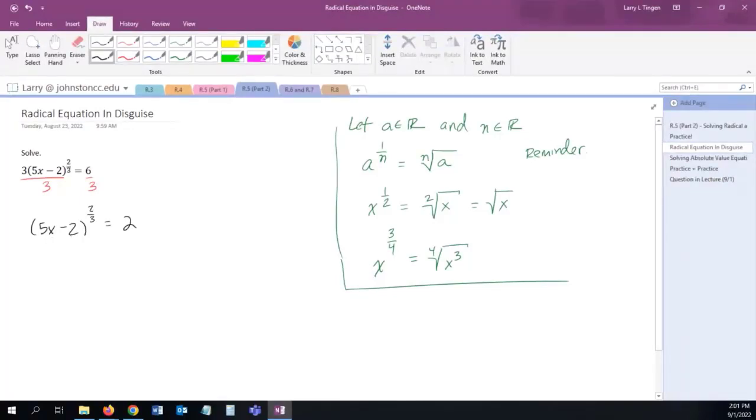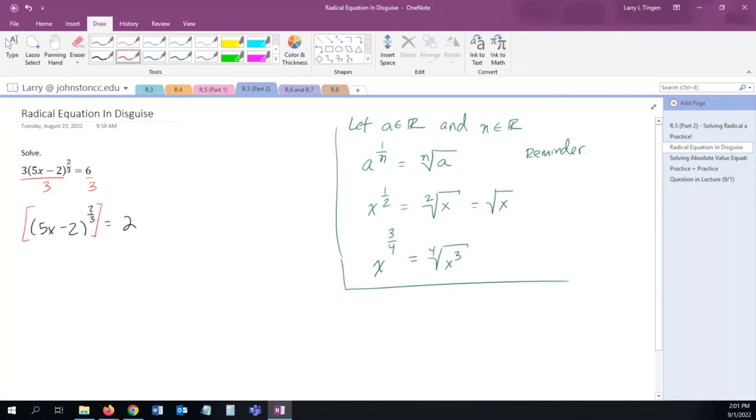Now instead of trying to square this and then take the cube root, I'm going to use the same rules that we did before. I'm going to exponentiate both sides, okay? I don't want to deal with that fractional power, so I need to multiply 2/3 by 3.